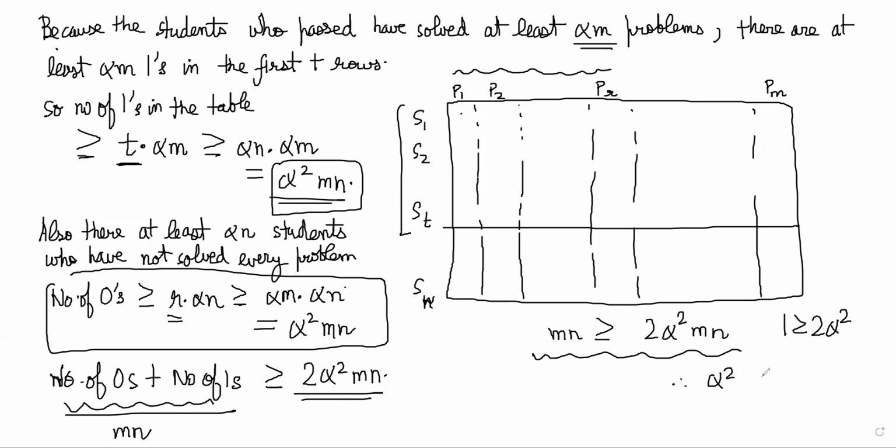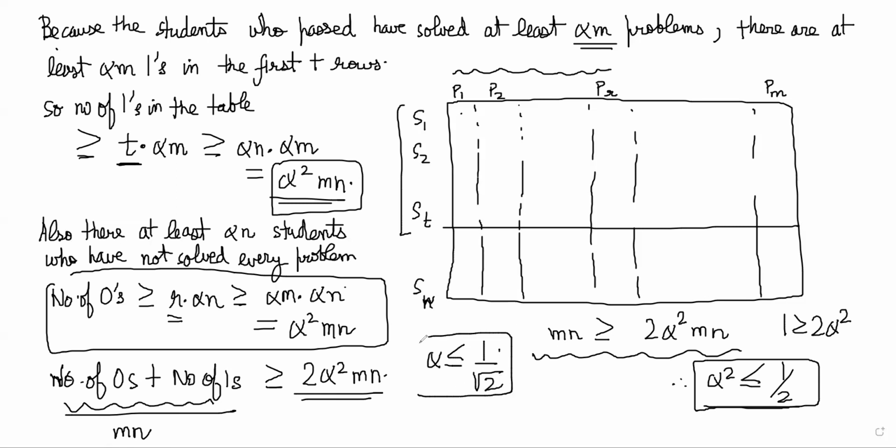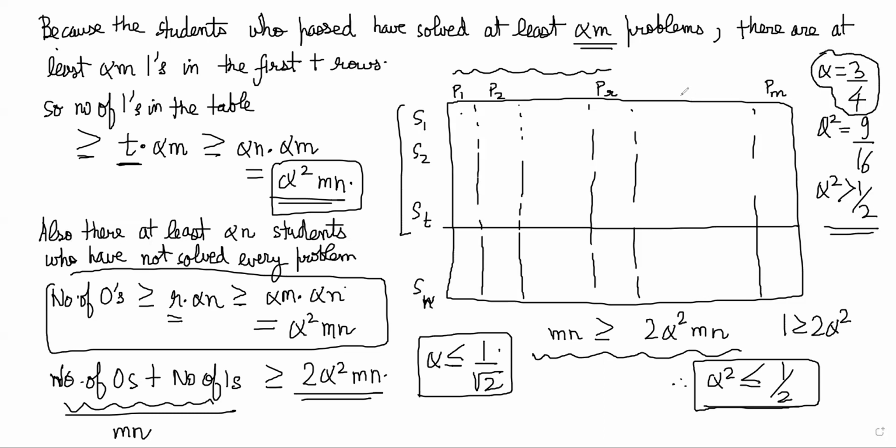Therefore, alpha square is less than or equal to half. And now we know that there is an upper bound on alpha. Alpha should be less than or equal to 1 by root 2, right? Therefore, we realize that for 3 by 4, alpha square is equal to 9 by 16 and alpha square is greater than half. So therefore, alpha equal to 3 by 4 is not possible in this situation.